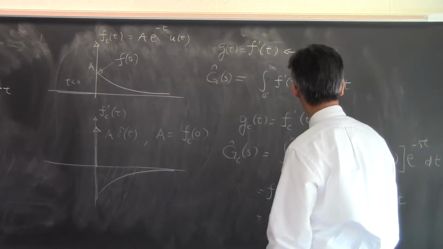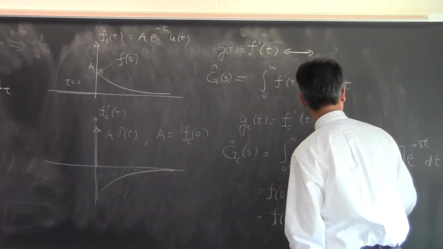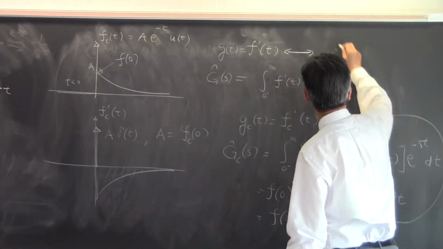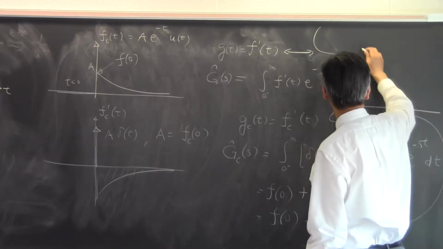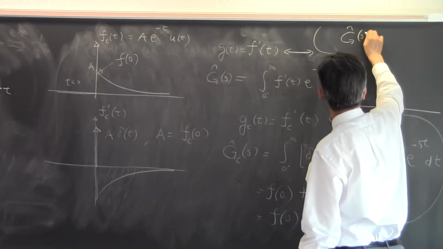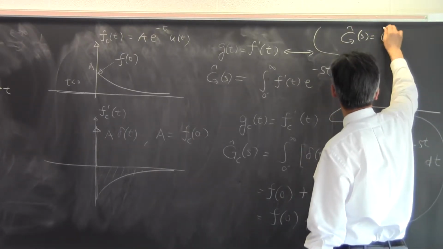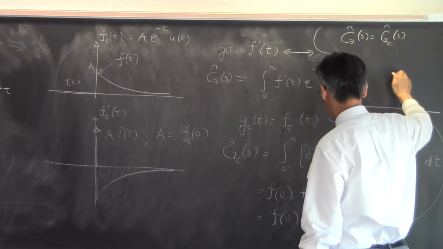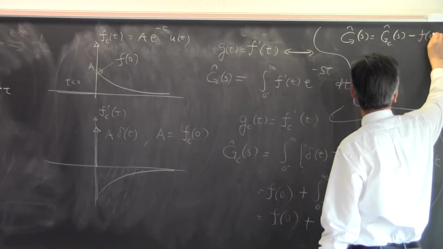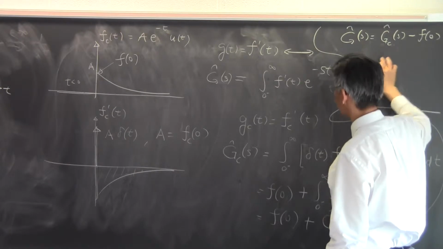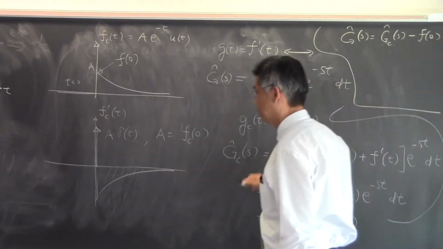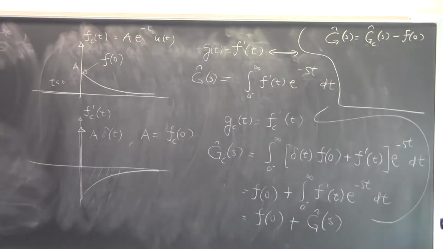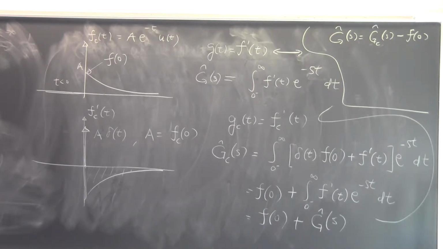Hence you have the relationship, let me put it up here in this top right hand corner, that g hat of s is equal to gc hat of s minus f of 0. This means the Laplace transform of the causal function. That's why you have this kind of relationship.